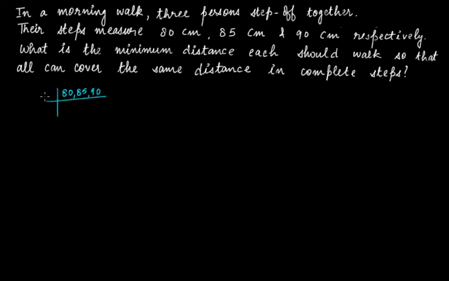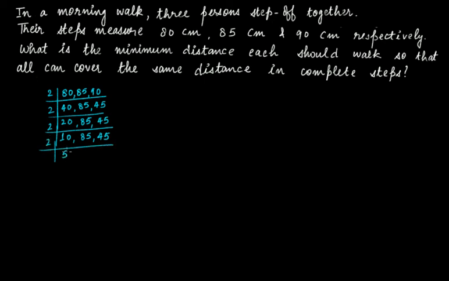So this will be divided by 2, this will be 40, 85 and 45. This will again be divided by 2, you will get 20, 85 and 45 again. If you divide by 2 again, this is 10, this is 85, this is 45.